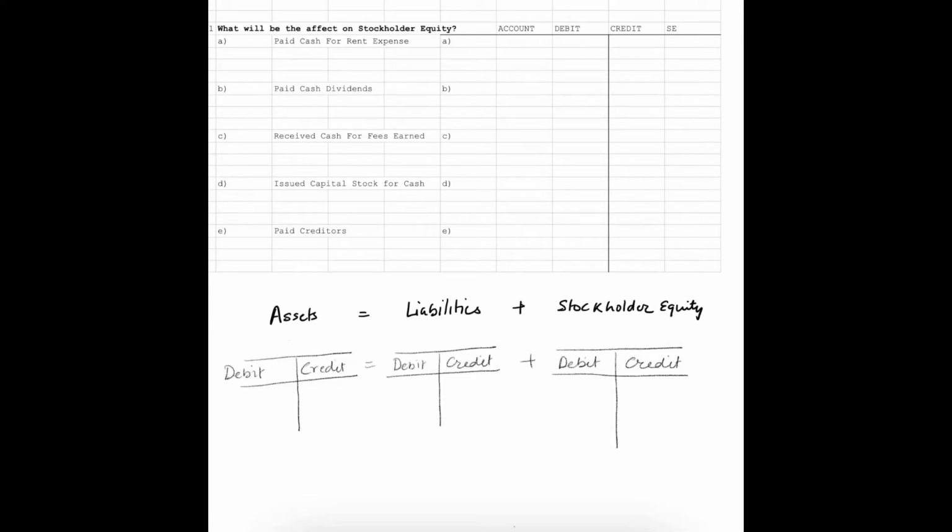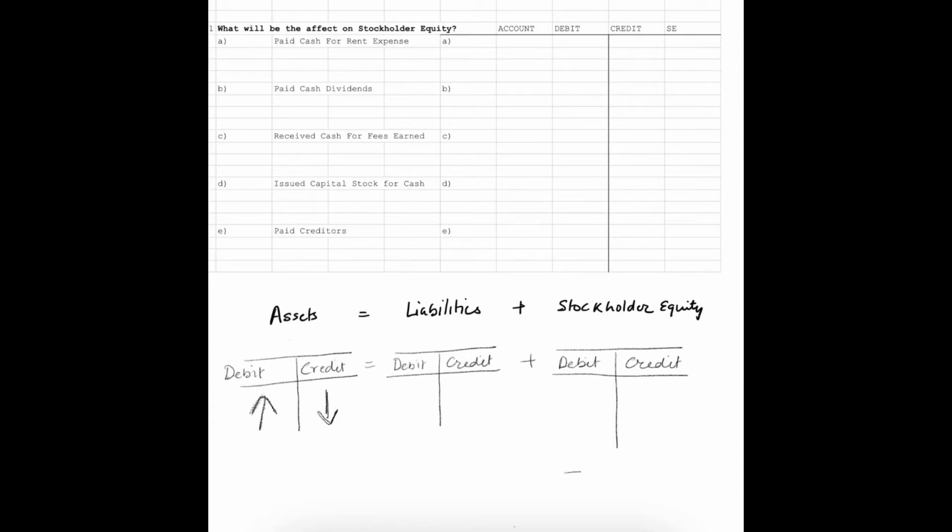Remember that cash is an asset and the assets increase on the debit side and they decrease on the credit side. Because we are paying cash, so cash is decreasing. So that means that for cash we have to do a credit entry.